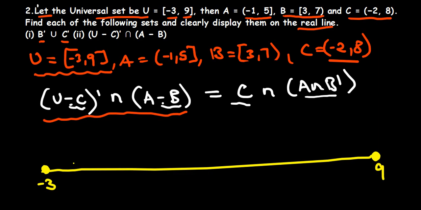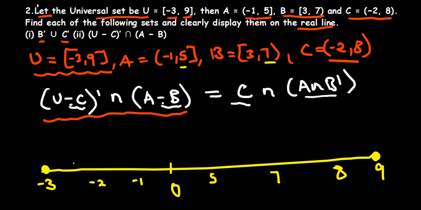All right, and then let's put 0 somewhere there, and then we can have a -1 there, and then a -2 there. And then on the positive side we can have 5, 7, and 8. So just pick the numbers that you can see there. There's no need for you to write all the numbers because this is interval notation. So you can say 5, 7, and then 8.